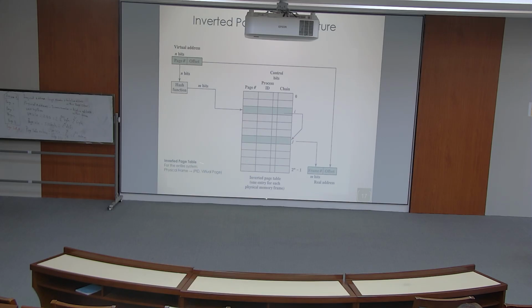Each inverted page table has one entry for each physical memory frame. Then we can easily get the physical address which is mapped to this virtual address.